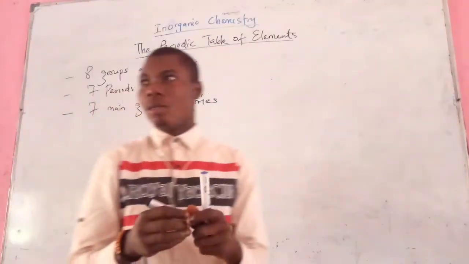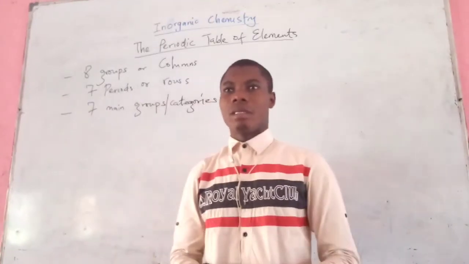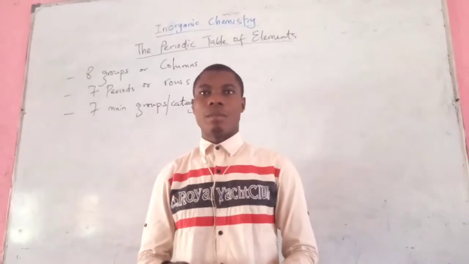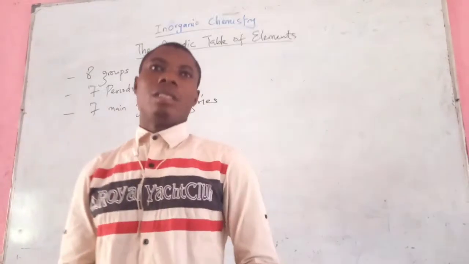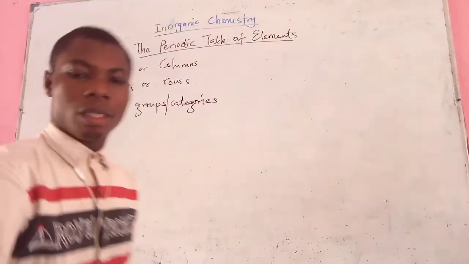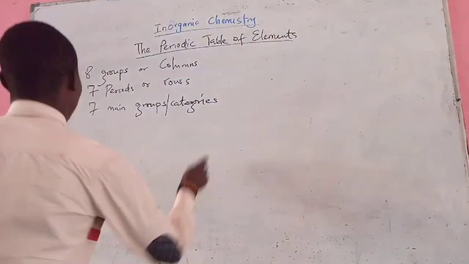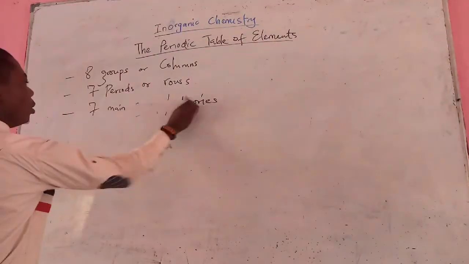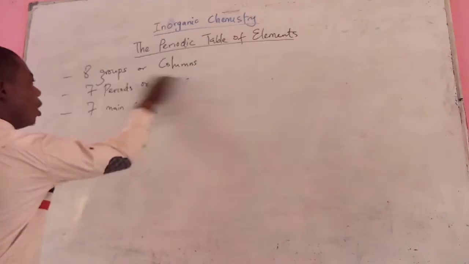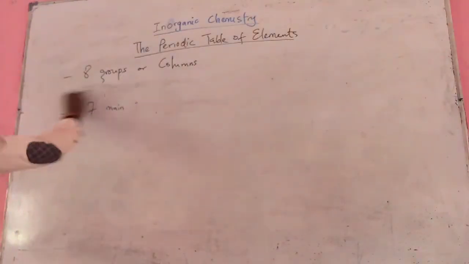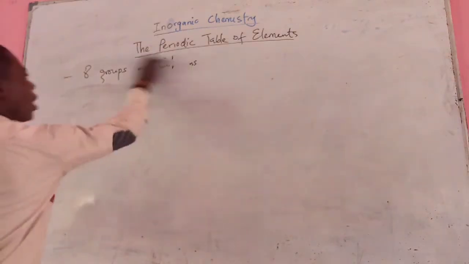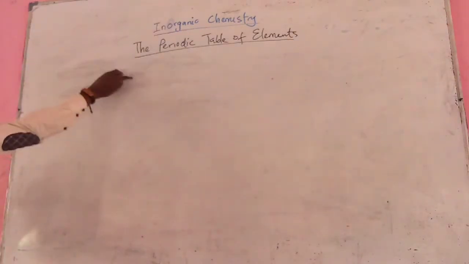I call them categories of elements in the periodic table. Now we want to look at all these one after the other. We said we have 8 groups and 7 rows of elements in the periodic table.